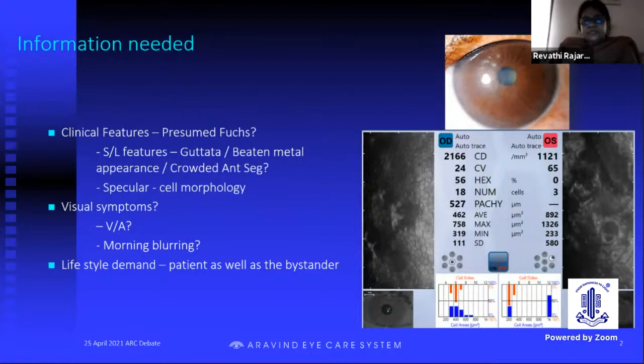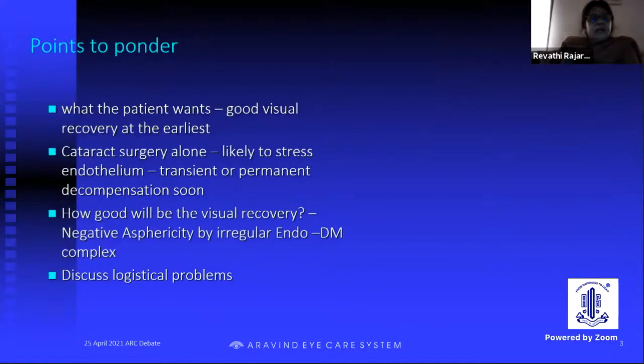Just because the patient is 60 years old, we cannot decide, as Namrata put it. If there is a choice, we will definitely go for a one-step surgery. Another point is what the patient wants: a good visual recovery as soon as possible.